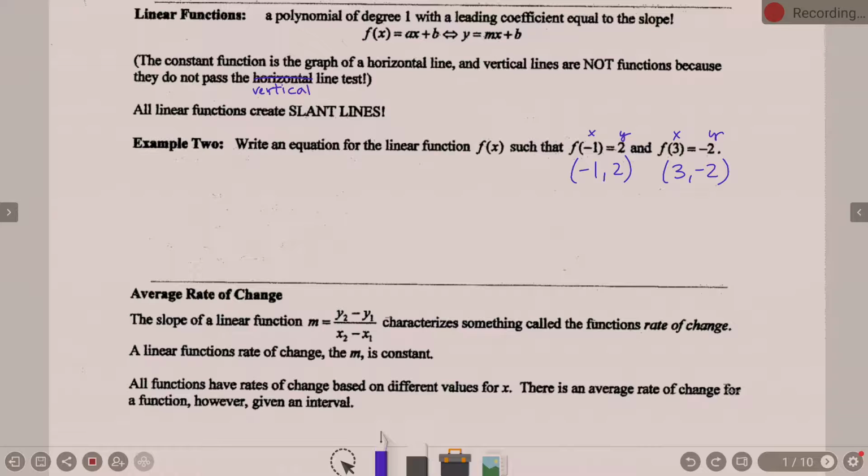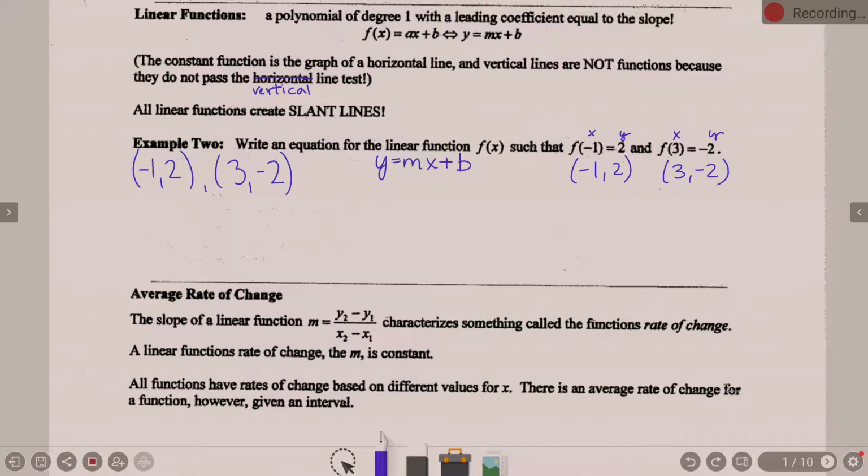If it asks us to write a linear function, what's the form you're going to be thinking about? Y equals mx plus b, hopefully. So I'm going to write this over here. We have negative 1, 2. We have 3, negative 2.